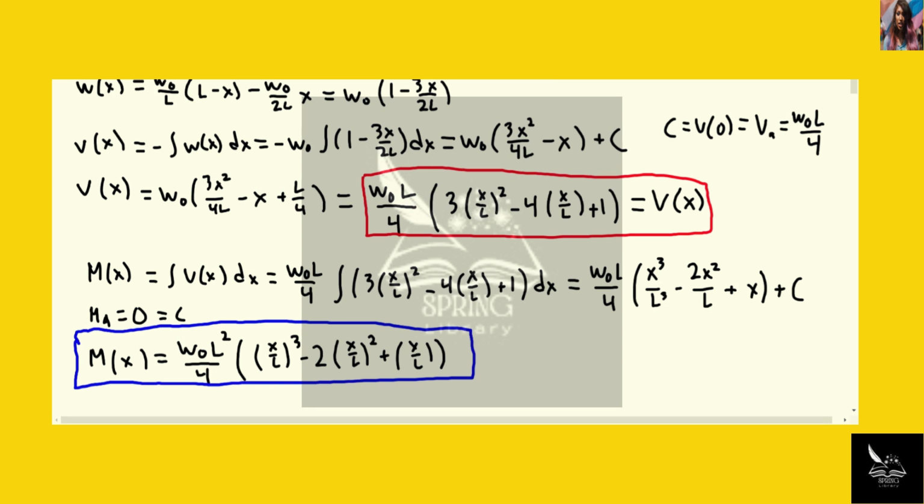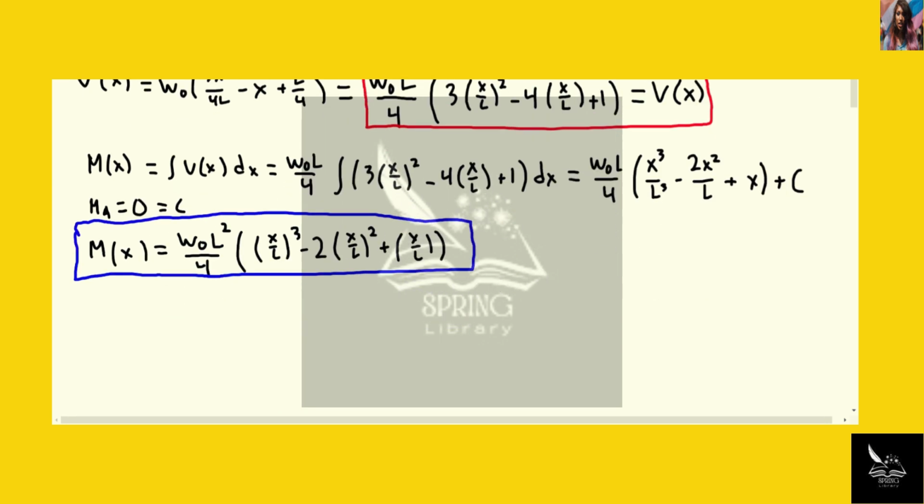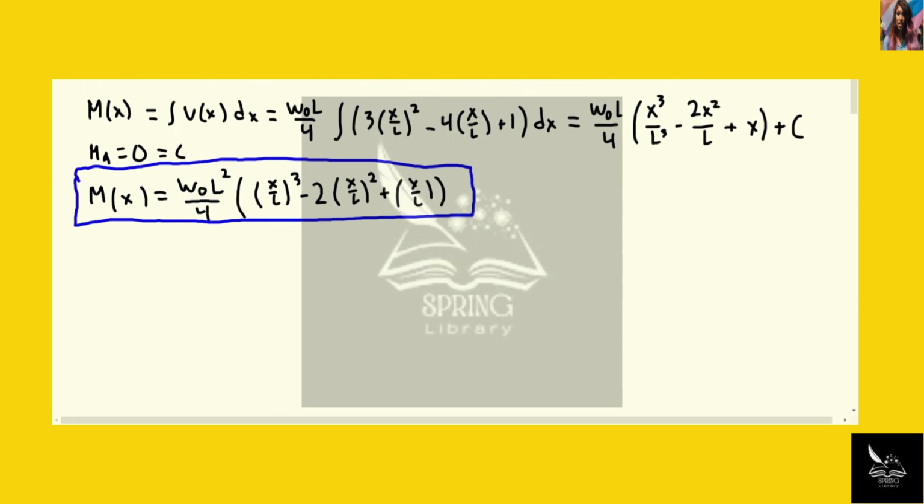All right, so we've got our expressions for V and M. Now we want to find the maximum for M. The M max is going to occur when its slope is equal to 0, and those will be points where V equals 0.